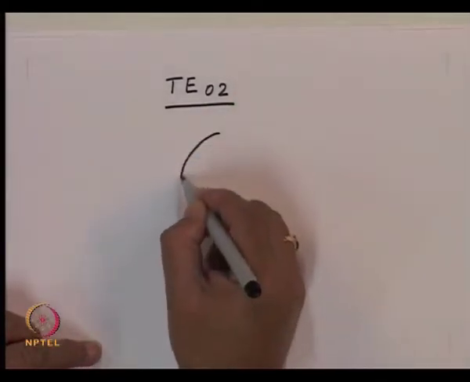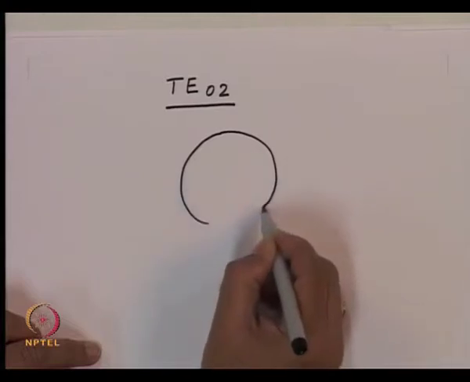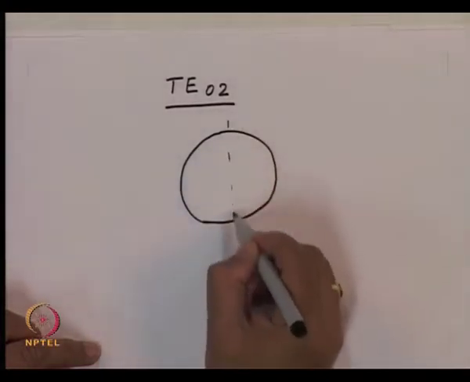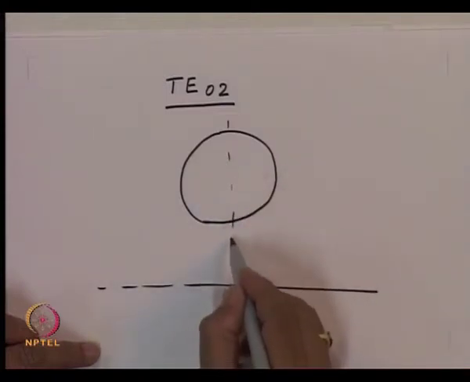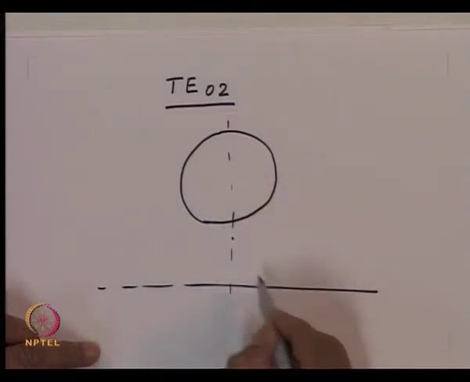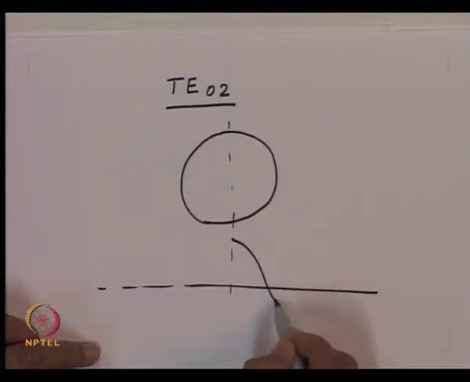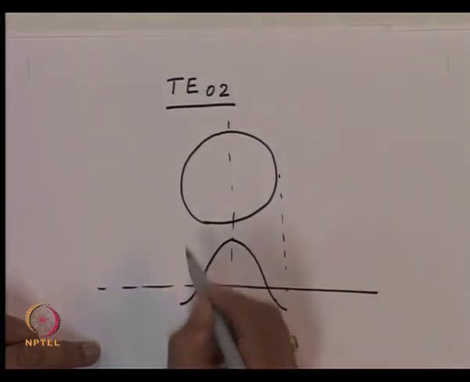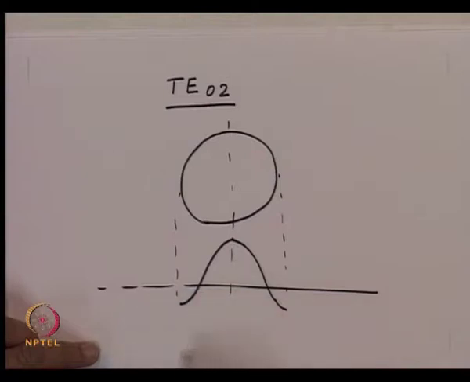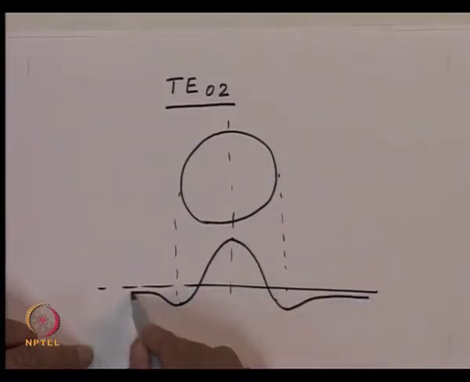So, if I look at the field for this, it will be maximum at the center, somewhere it will cross through 0 till you reach this point. One zero crossing has taken place, and then the field exponentially decays as I go inside the cladding. So, the field distribution would look something like this.